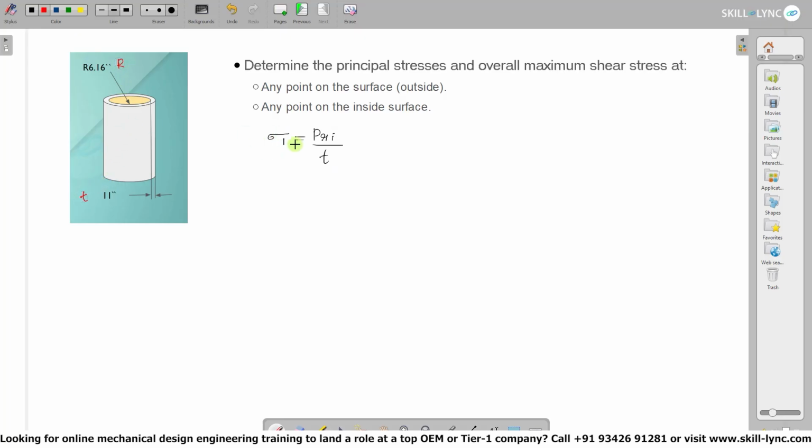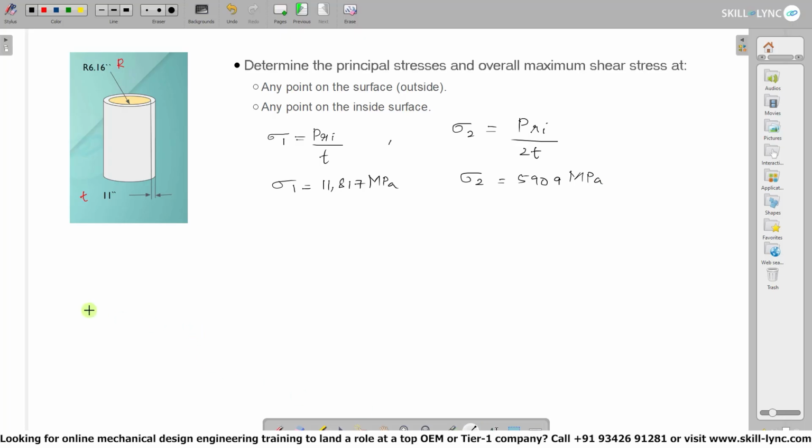So with that we'll be working this problem. In the same way, sigma 2 will be equal to P Ri, which is pressure into the internal radius, divided by 2t, which is exactly half of the first stress. So here after substituting the values, we'll get sigma 1 is equal to 11,817 megapascal. And same way, sigma 2 will be approximately 5909 megapascal.